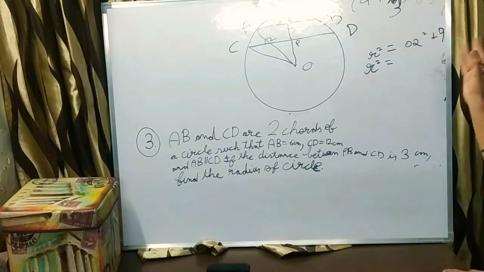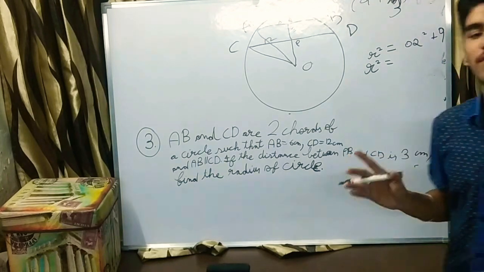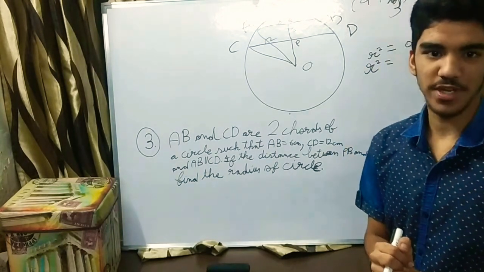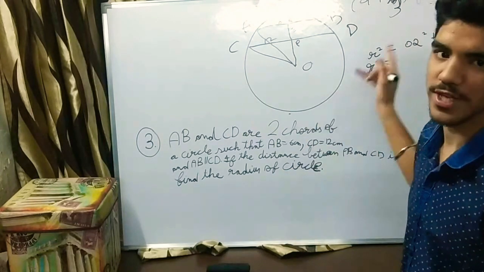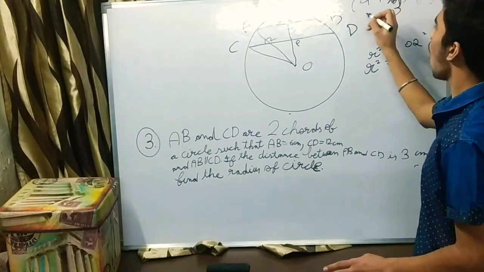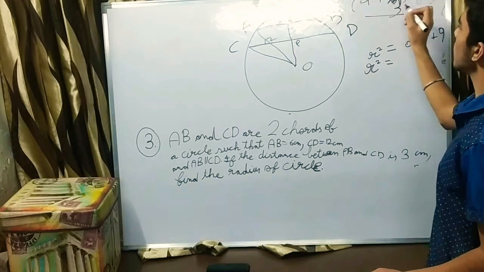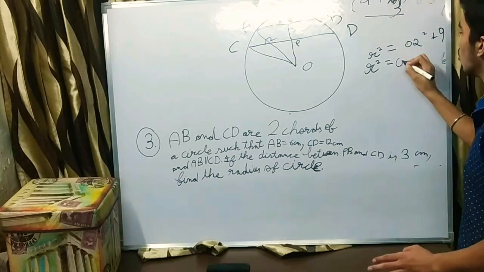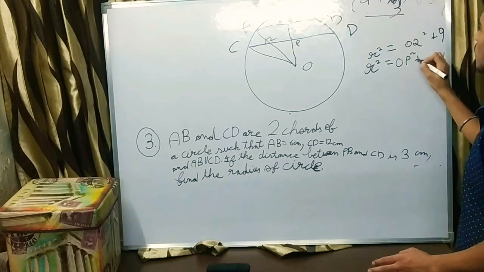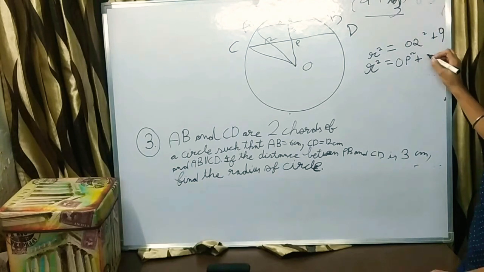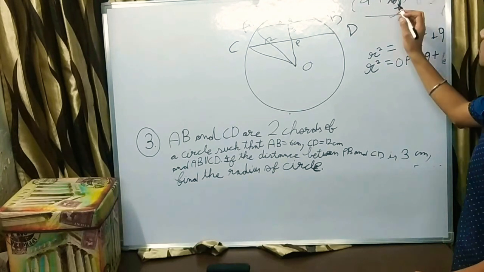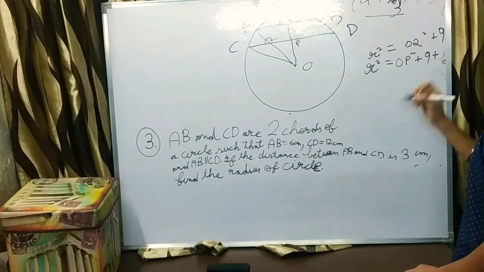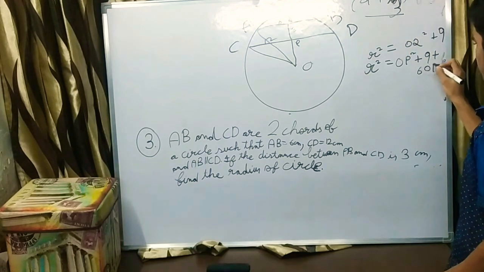So OP plus 3 whole square. Now we have already studied in algebraic expressions how to solve these types of sums. So OP plus 3 whole square would be equal to OP square plus 3 square, 9, plus 2 into 3 into OP, which would be equal to 6 OP.